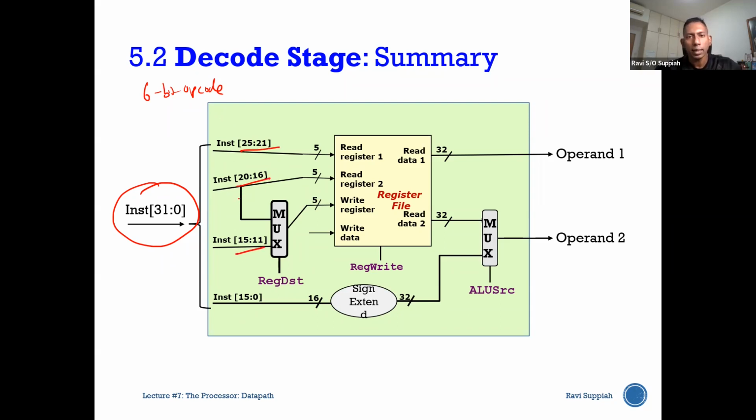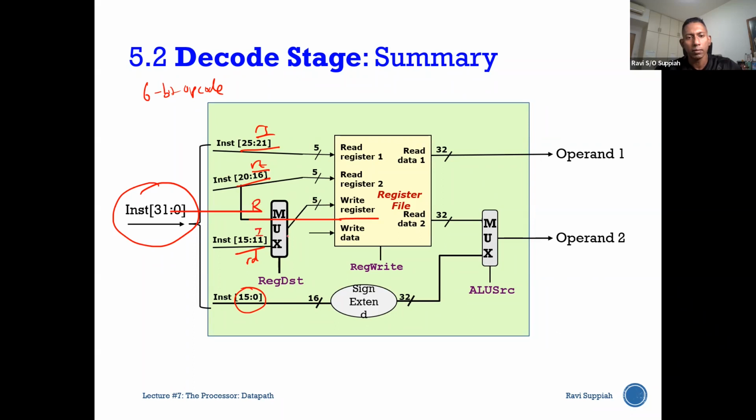If it was an R-type instruction, it would be RS, RT, and RD. If it is an I-type instruction, it will be RS, RT, and the immediate. Which register I am supposed to write to again depends on whether it is R-type or I-type. If it's R-type, it will be here.